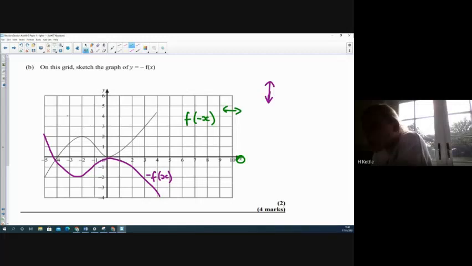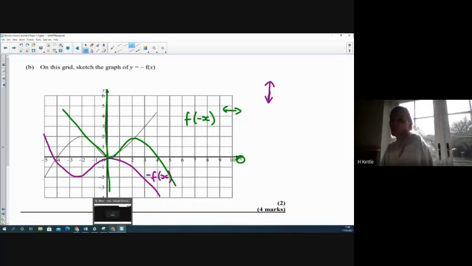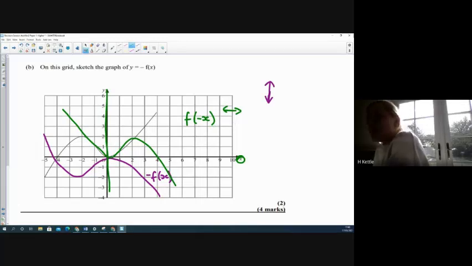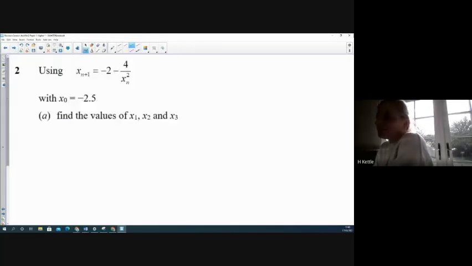So we would go, and again, forgive me for my terrible drawing, like this, up here, and then go down. So you can see that it's been reflected in this axis, and the change is left and right rather than up and down. So inside the bracket affects the left and right direction. It's affecting the input. Outside the bracket affects the output, so it's going to be the up and down direction. Again, you've got all the Haggerty numbers for that as well.